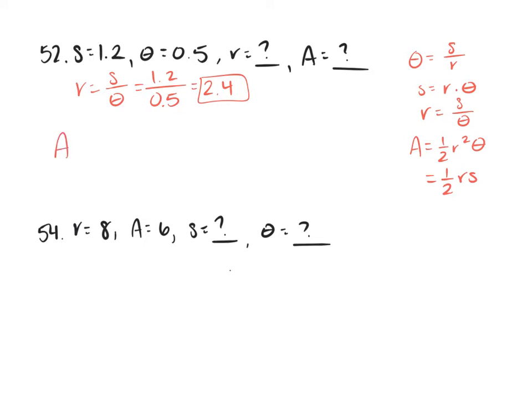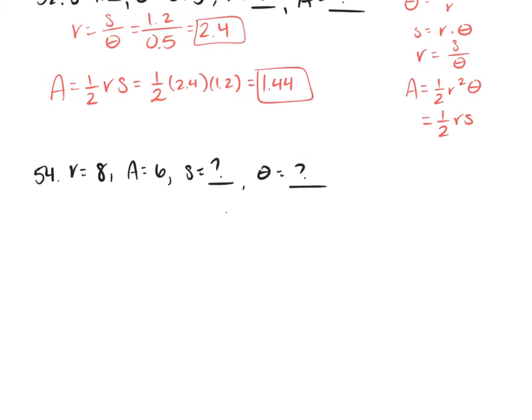And then to find area, I'm going to use the second formula because I don't have to square anything. So it's 1/2 r times s. This is 1/2 times 2.4 times 1.2. And this is equal to 1.44.